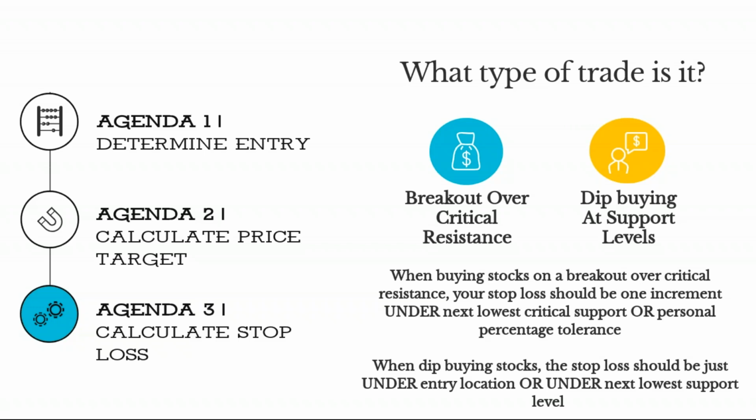That's what the confusion is. If the stock falls below my entry, where do I put my stop loss? Find your personal percentage goal. If it's 5%, then calculate that from your entry. Find the next closest natural support level, and just tuck it in one penny or one increment below that, and that's your stop loss.